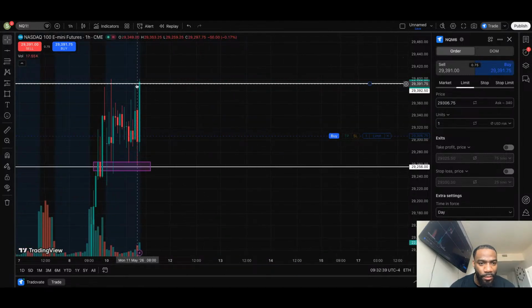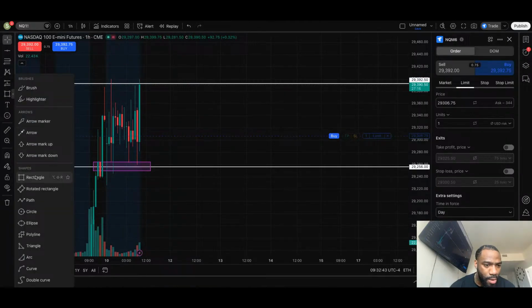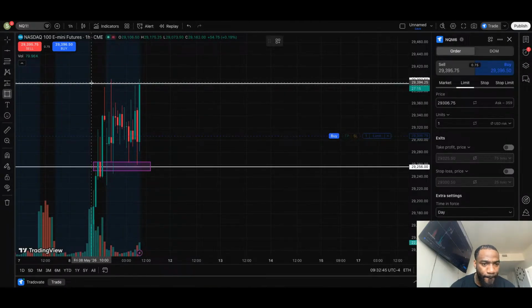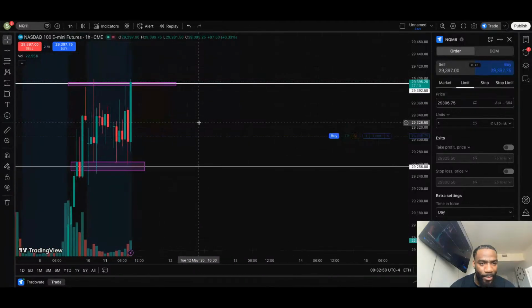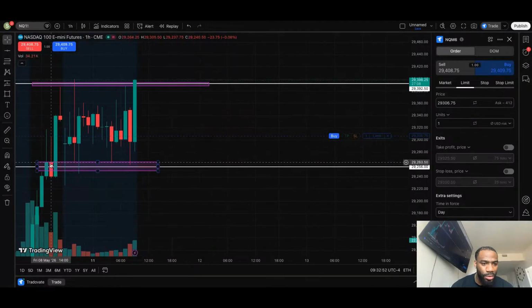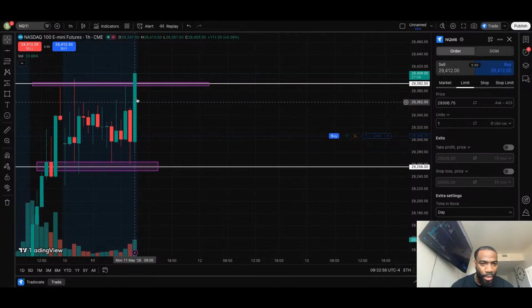See how strong this level of resistance is. Let's see if it holds. Even on our time frames, it keeps bouncing off. So let's see if this holds.